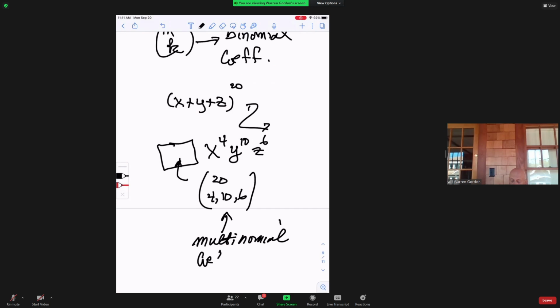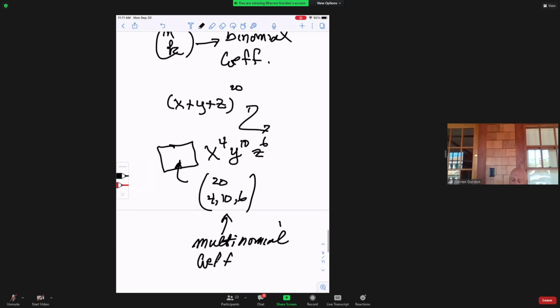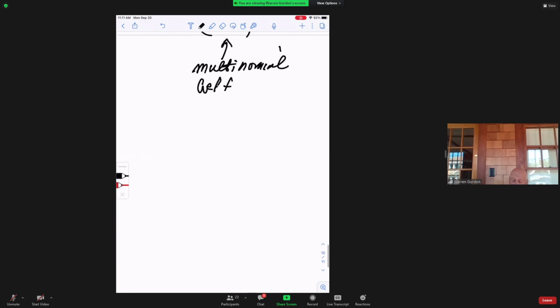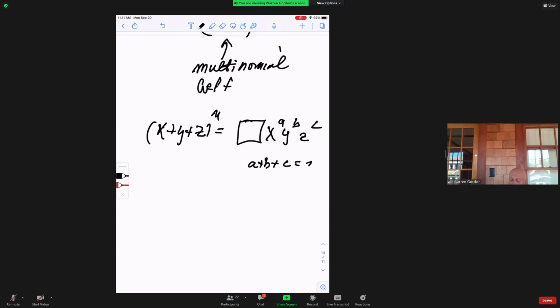You can prove it in a similar way to what I just did in the last 10 minutes, by looking at the multinomial expansion instead of the binomial expansion. Remember, when you look at (x + y + z) to the n, every single term has the form x to the a, y to the b, z to the c, where a, b, c are non-negative integers that add up to n, just as in the binomial expansion.